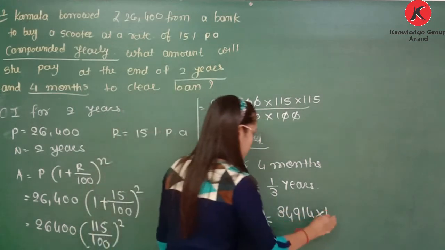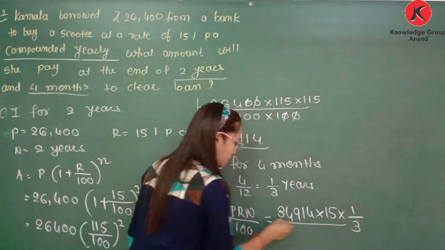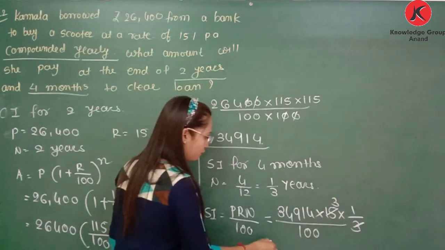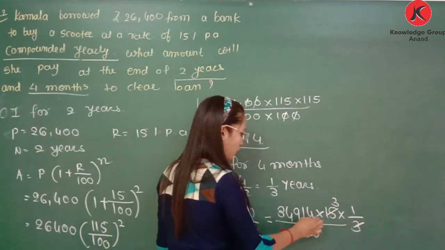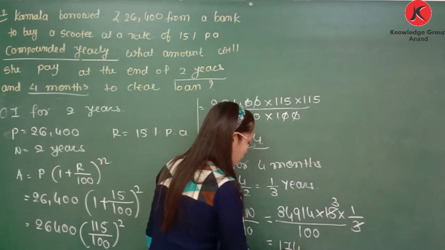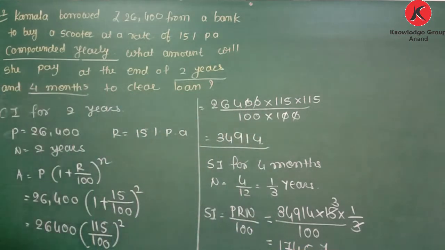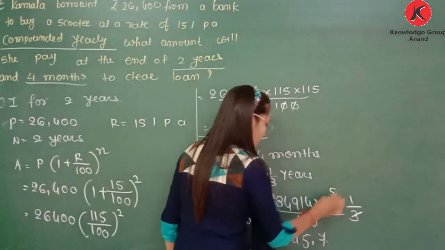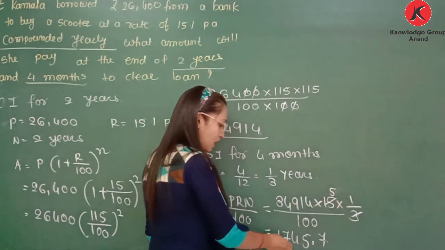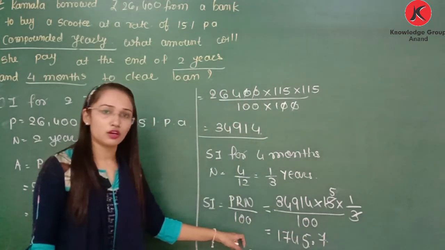Rate of interest is 15, that will remain the same. 1 by 3, that is our n, divided by 100. So if we multiply 34,940 with 5, you will get 1,745.7. So that is the simple interest for 4 months.